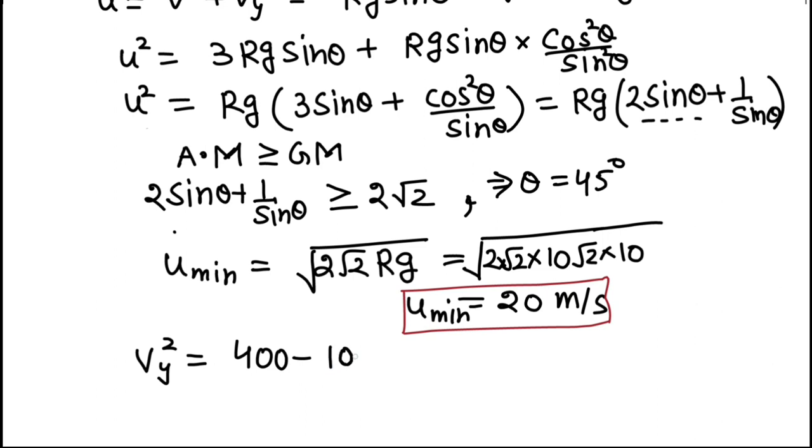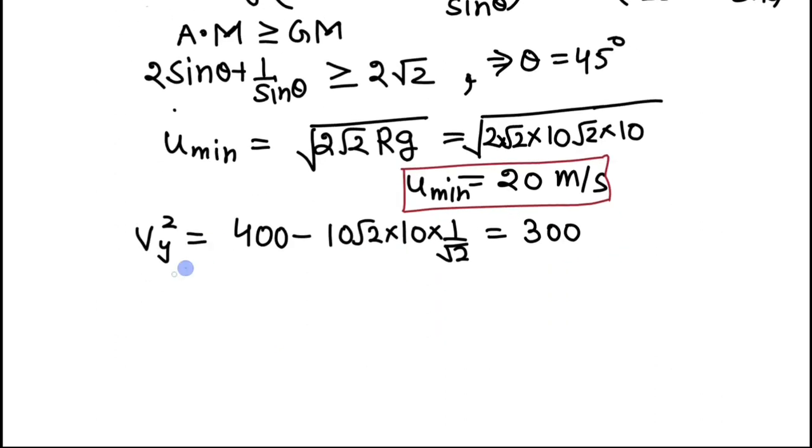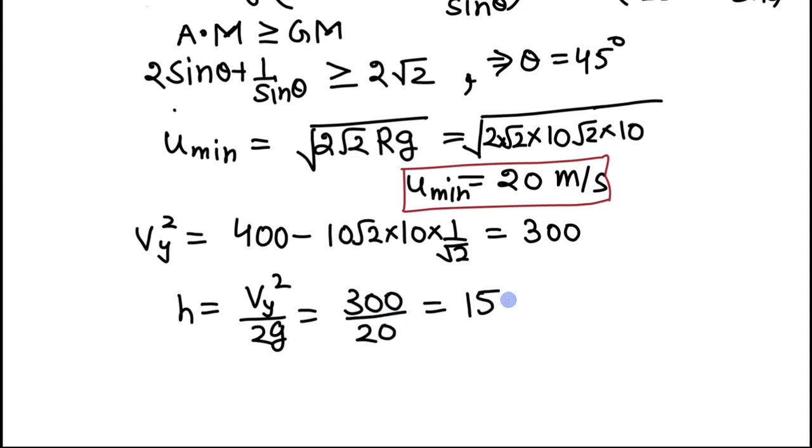So R is 10 root 2 into g is 10 into sin 45 is 1 by root 2. So what comes out here is 400 minus 100, that is 300, right? So 300 is Vy square, and the value of h is Vy square by 2g, that is 300 by 20, that comes out to be 15 meter. So the second answer is 15 meter.